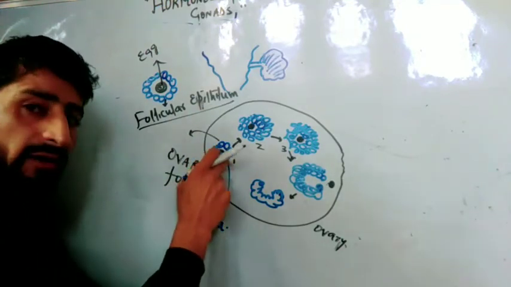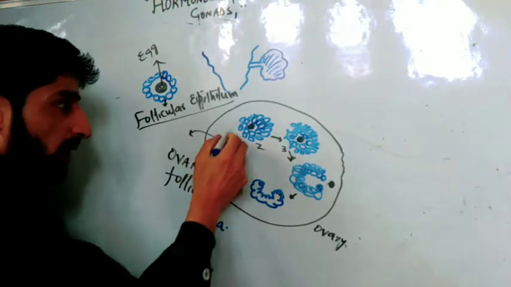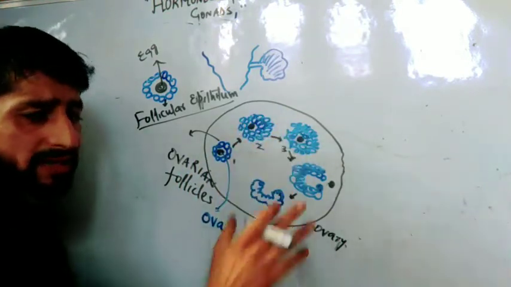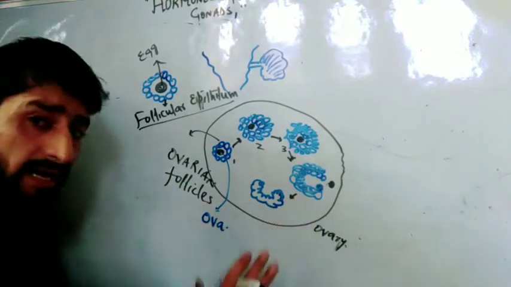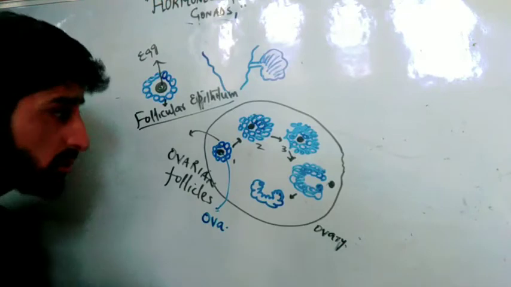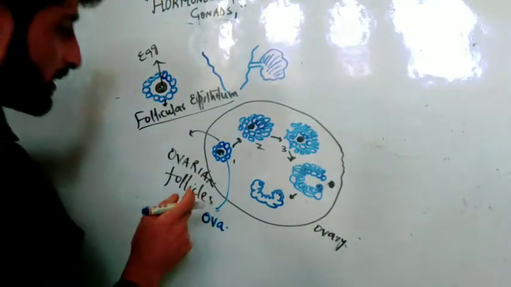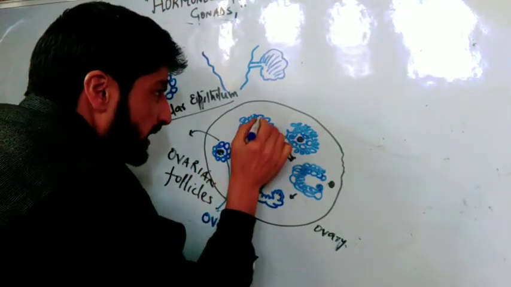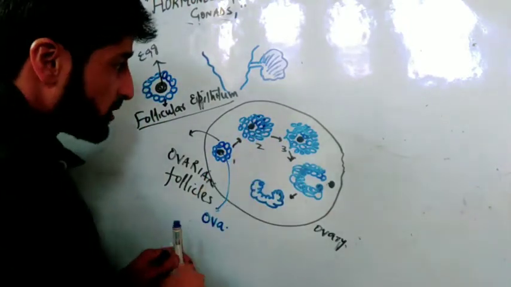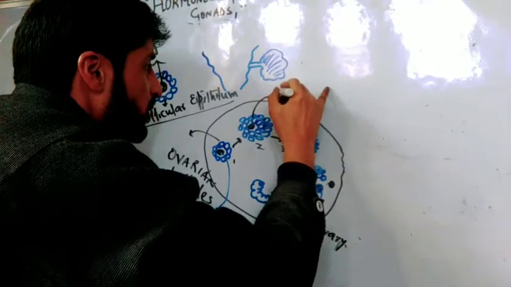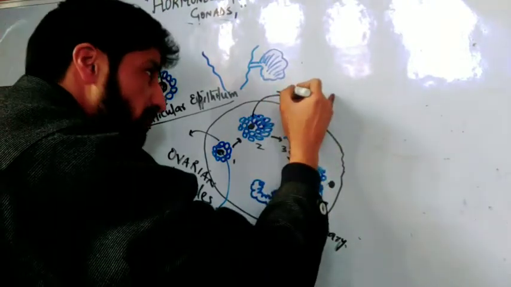Now these ovarian follicles undergo several developmental stages. Those developmental stages you do not have to know right now in class 11th. But you should know one thing: these follicular cells, drawn here in blue color, produce one special hormone.